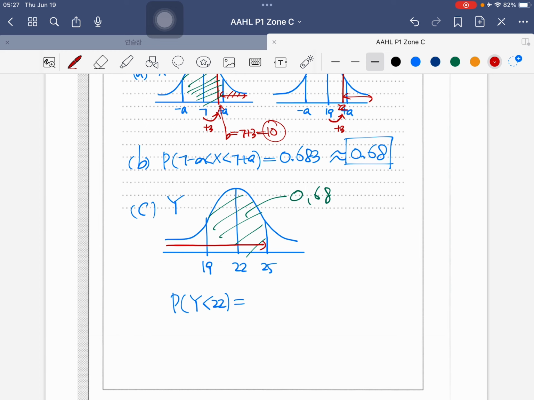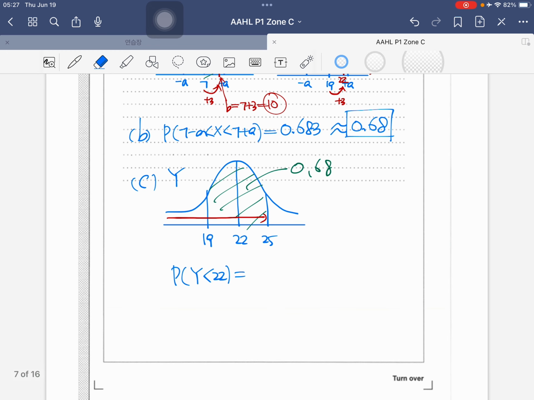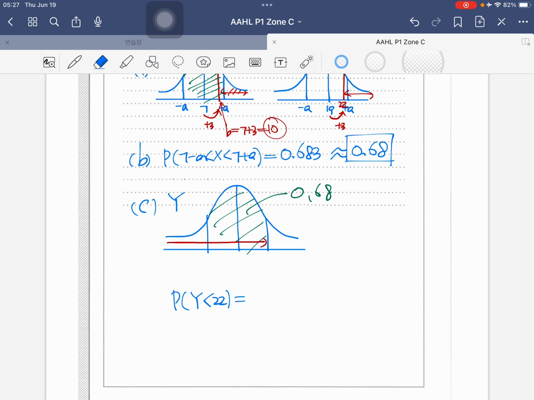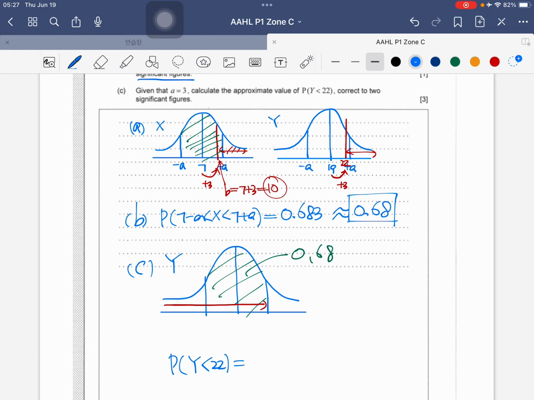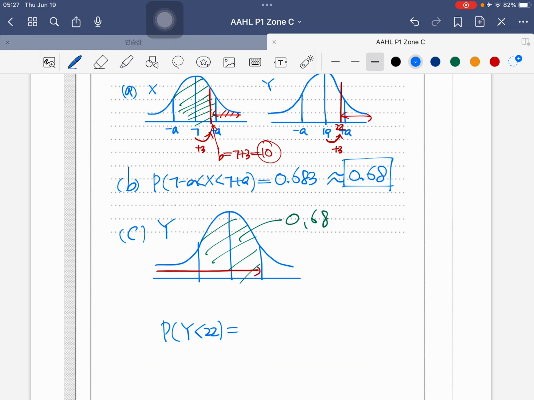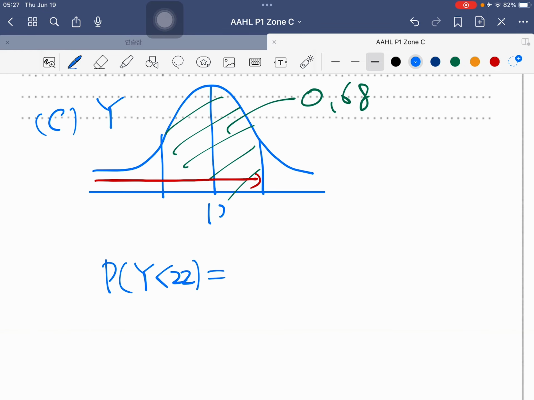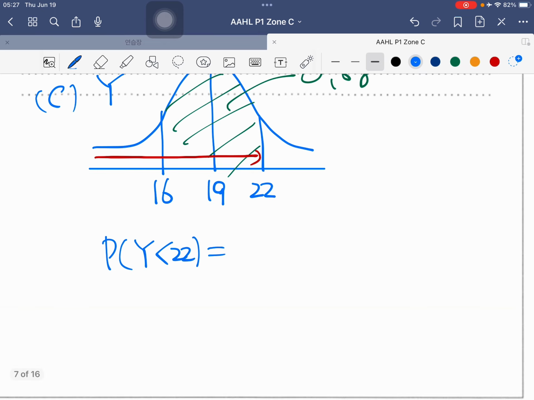Oh, I got something wrong. The mean value of y is 19, yeah? So 19 over here, plus 3 we get 22 over here, minus 3 we get 16 over here. So the probability y is less than 22 is from minus infinity up to here.